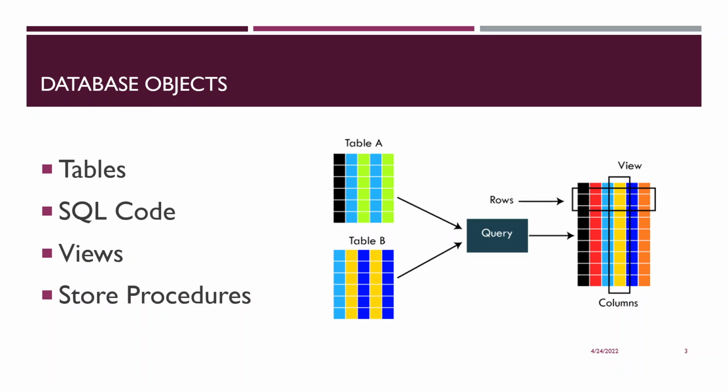When we talk about database objects, make sure you include tables, any major SQL code segments, views, and stored procedures. Again, your GitHub repo up to this point has a lot of stuff in it, so just think through what that looks like. But these are the major ones from a database perspective.